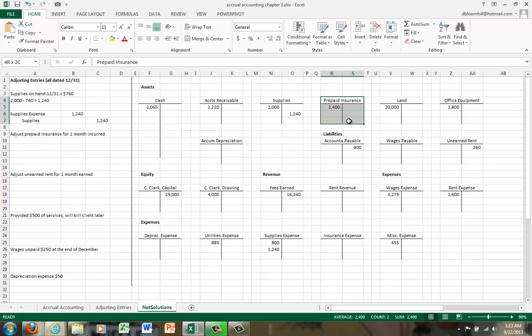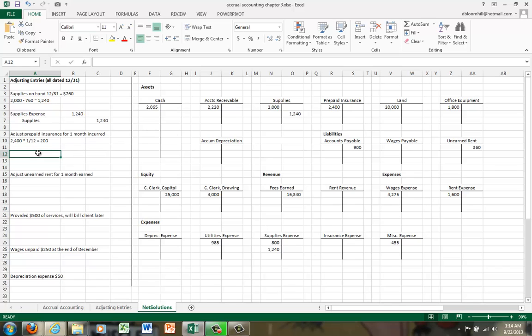There's $2,400 of prepaid insurance in the account, and we know that the prepaid insurance is for 1 year. So 1 month is 1/12 of a year, so we've incurred 1/12 of the amount in the account. So we take 2,400, multiply it by 1/12, and we get an amount of $200. That's incurred, and that is the amount of the adjusting entry.